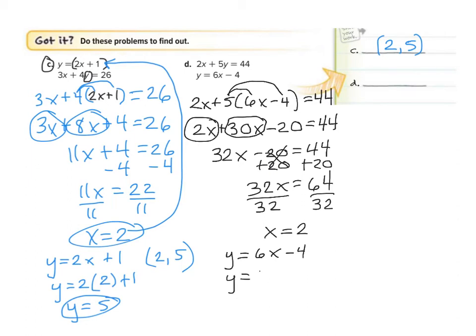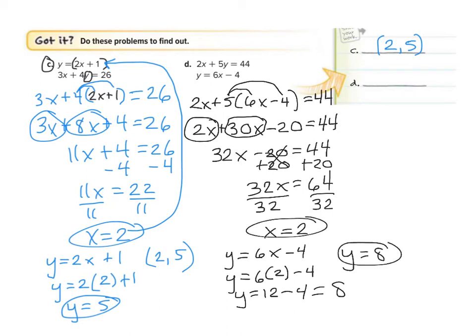So y equals 6 times 2 minus 4. 6 times 2 is 12 minus 4. I know that y equals 12 minus 4, which is 8. So when x is 2, y is 8. So my ordered pair answer for this set of equations is (2, 8).